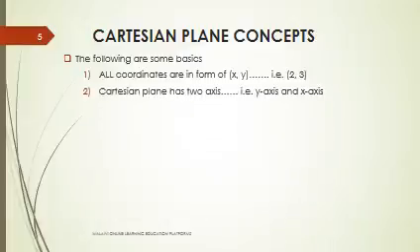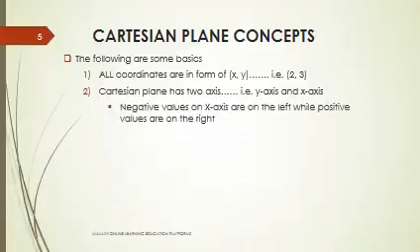Another concept: the Cartesian plane has two axes, the x-axis and the y-axis. Sometimes we also have a z-axis, but at this level we are having only two axes. Negative values on the x-axis are on the left. So from 0 going to the left, those are the negative values of x.